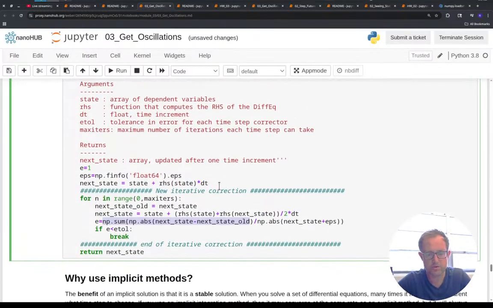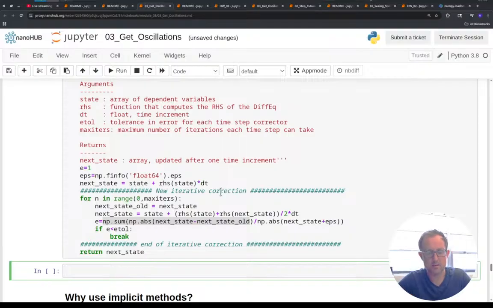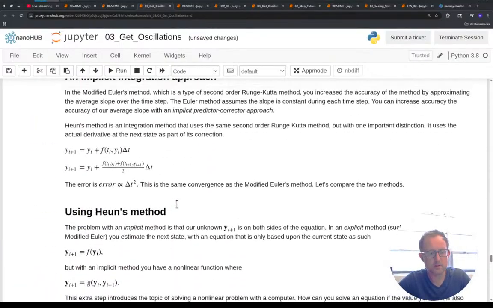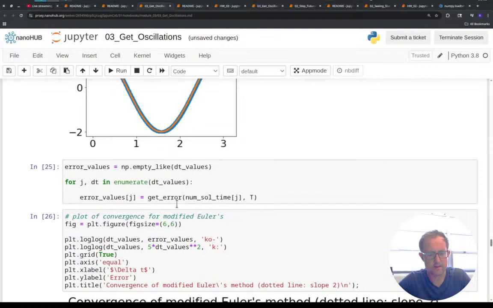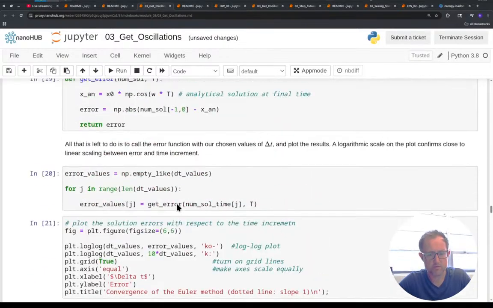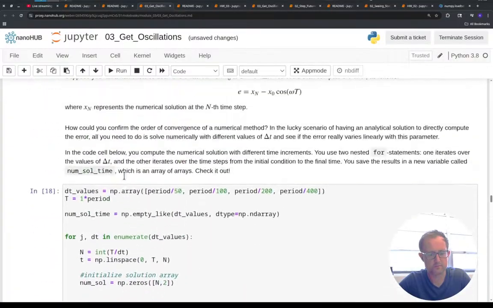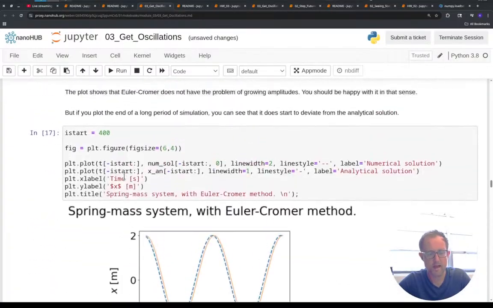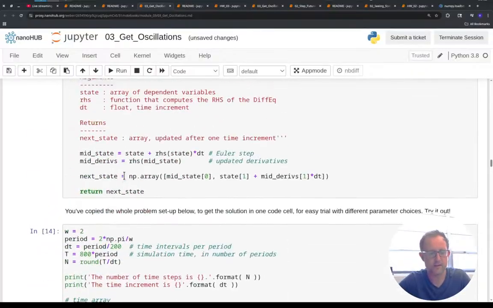So let's try. I think we just have a spring mass function in here. I'm just scrolling back up, sorry to go up and down.